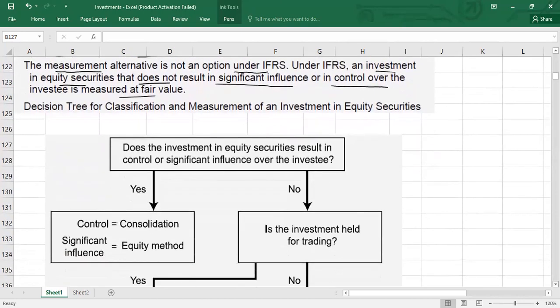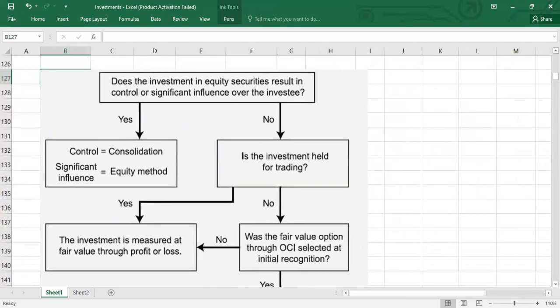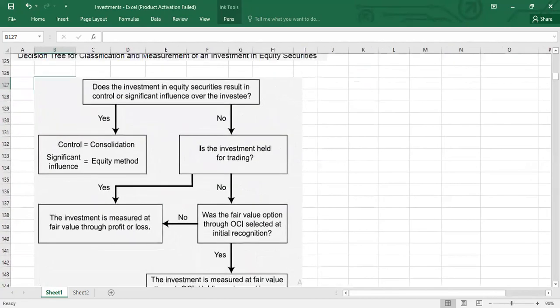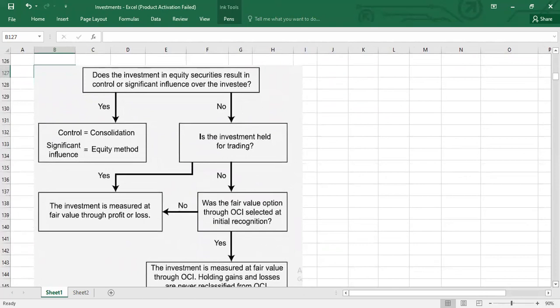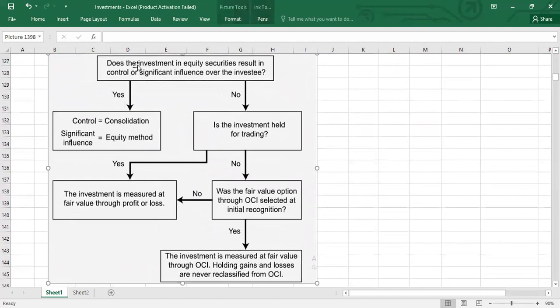If you are an IFRS student, you should ask yourself these questions. Question number one: does your investment in equity securities result in control or significant influence?